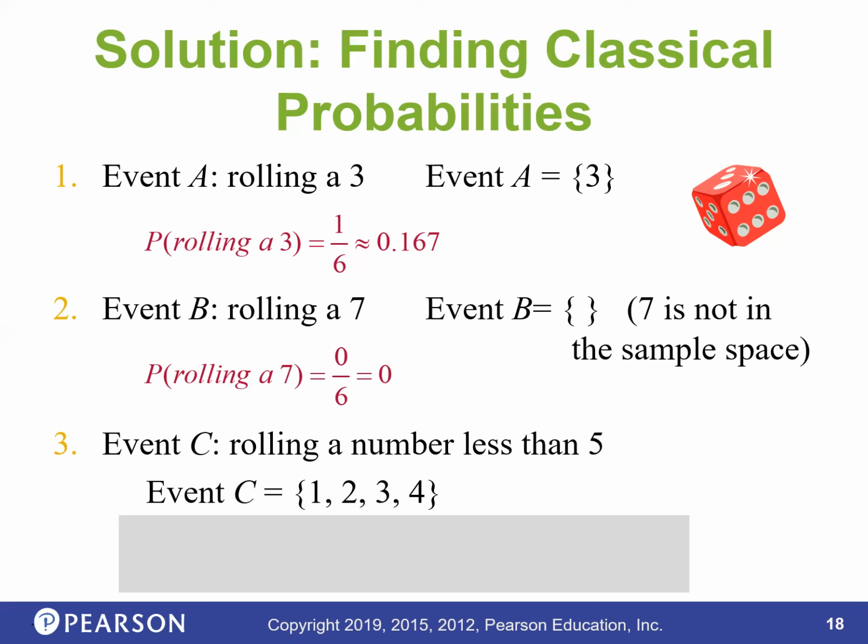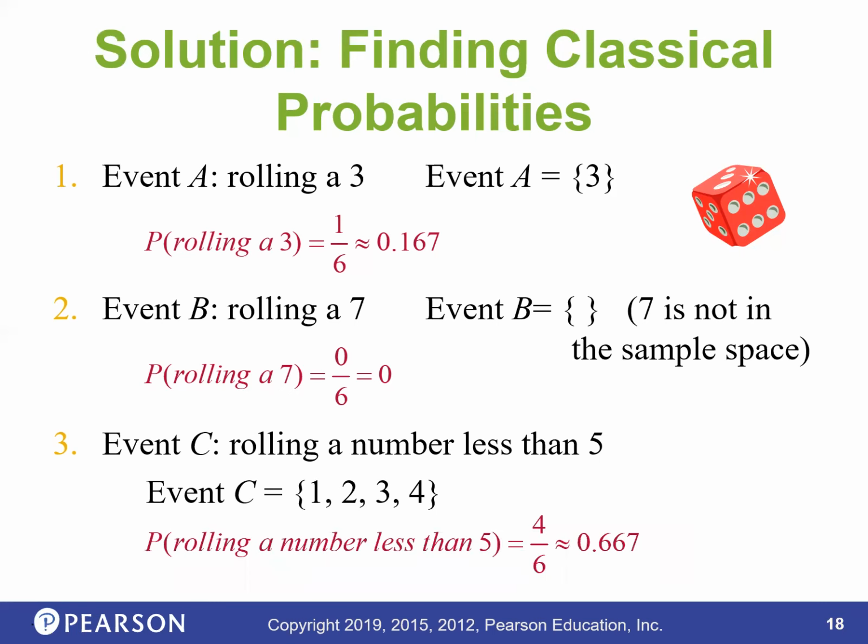And the answer, anybody? 4/6, perfect. And then what we do is we always reduce it. So even though it doesn't say it on the slide here, I should change it. Usually we'd write it as 2/3. So 4/6 is the first we write down. We reduce that fraction down to 2/3. And as a decimal, 0.667.